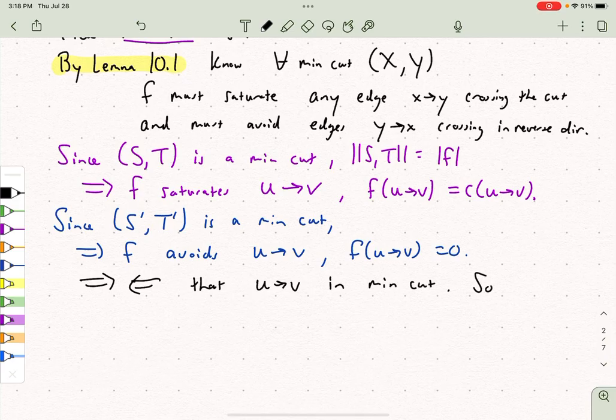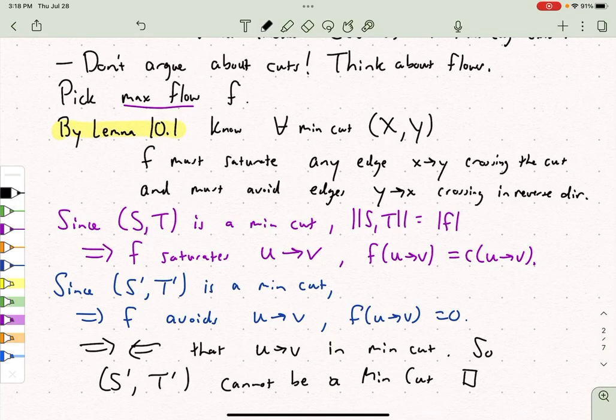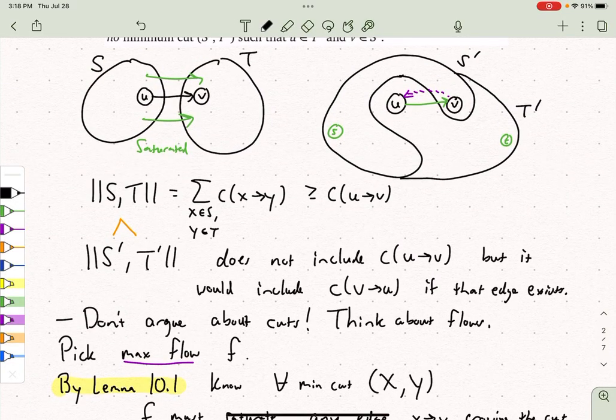And so S prime T prime cannot exist. Or in particular, it cannot be a min cut. So that's the entire proof. So if the edge is included in a min cut, then we could never have the nodes reversed.